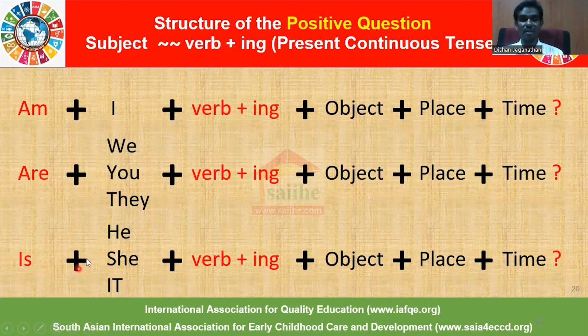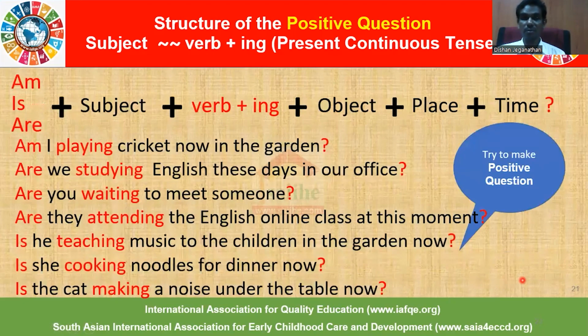Is plus he, she, it, which refers to the third person singular narrative, plus verb plus ing plus object plus place and time. The examples for this structure for positive questions would be, am I playing cricket now in the garden?